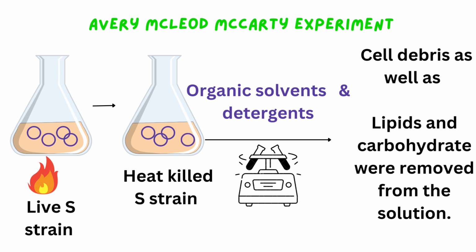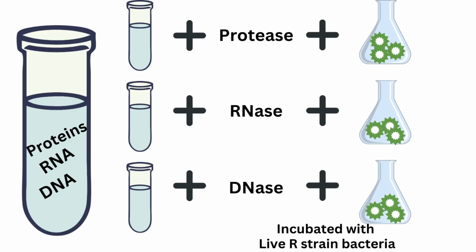Organic solvents were used to separate lipids and carbohydrates via centrifugation. The solution now contained the major biomolecules speculated to be the genetic material, that is, the DNA, the RNA, and the proteins. Next, the mixture was divided in 3 tubes and enzymes that specifically degraded each component were added.